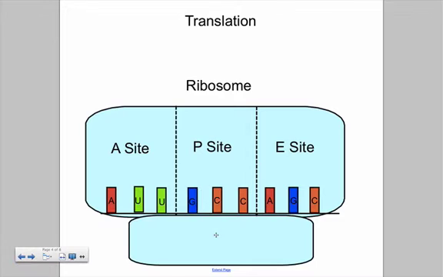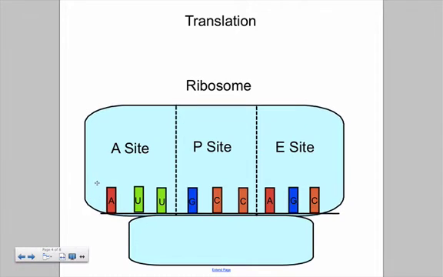The first section where the ribosome reads the mRNA is the A site. Then it moves to the P site, then it moves to the E site. Let me see if I can show you how this works.